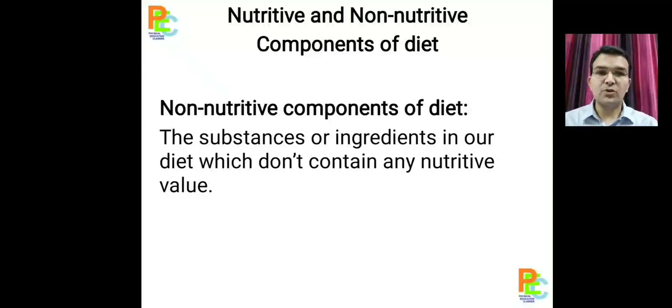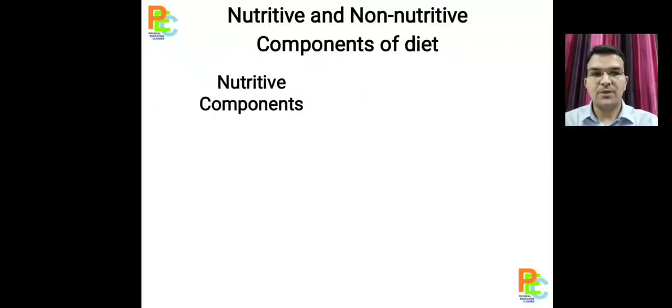Whereas non-nutritive components don't have any nutritive value, but some of these are very essential for our body. One example of it is water. Water is very much required by the body, but water doesn't contain any nutritional value.